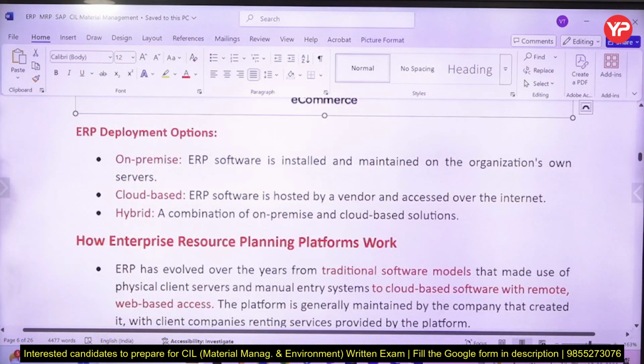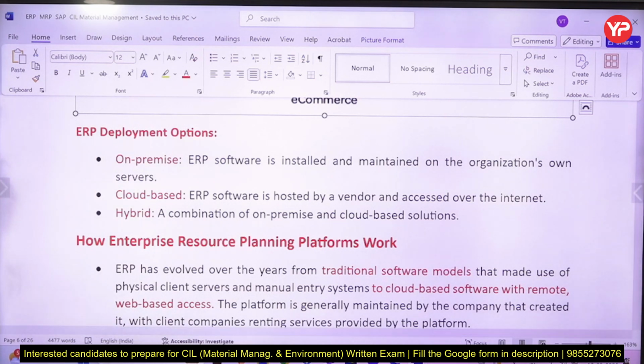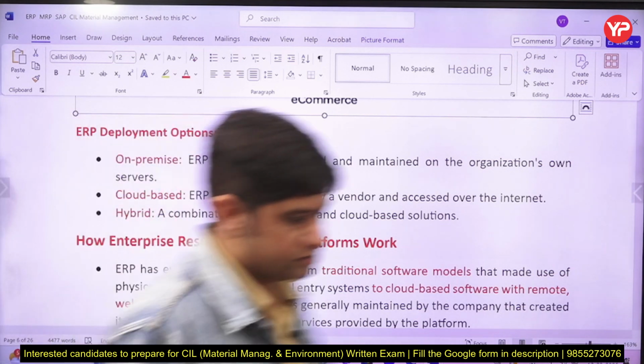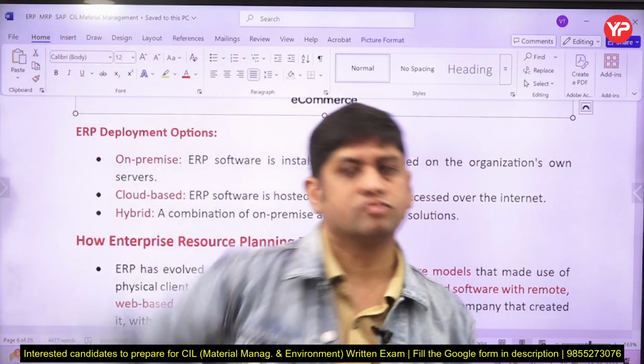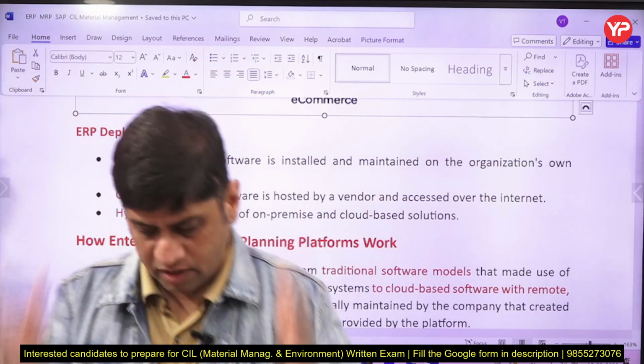Now, how can ERP be deployed? Are there different kinds of methods through which ERP can be deployed? ERP deployment options are on premises. So the organization has its own servers. Not on cloud. Don't outsource, keep it in the organization itself.